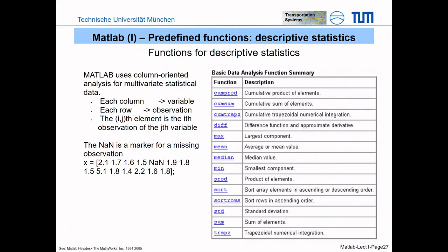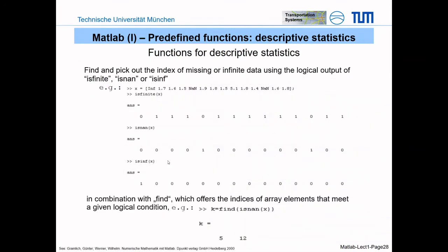There are many more functions, especially for descriptive statistics, where you can also use not a number if you have no value for this data set. And then you can also find out where these special values are, or where numbers are greater than a special number. So you get the indexes.